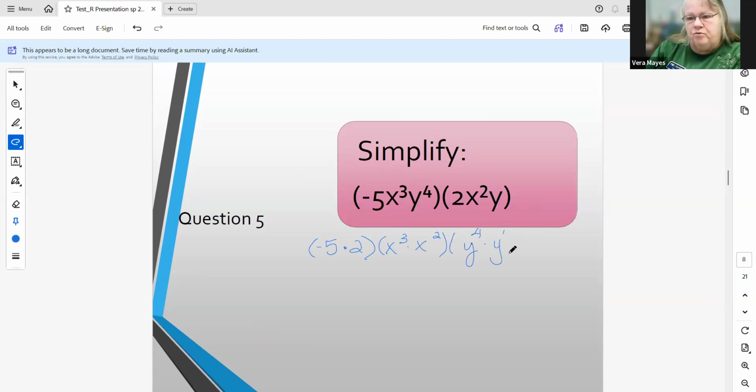And I'm going to go ahead and put that little 1 to help me remember that rule. So negative times positive again. And then the x's, we keep the base, add the exponents. With the y's, we keep the base and add the exponents. That's why I went ahead and put that little 1 up there. So when we went to add the exponents, it reminded my brain that it was there.